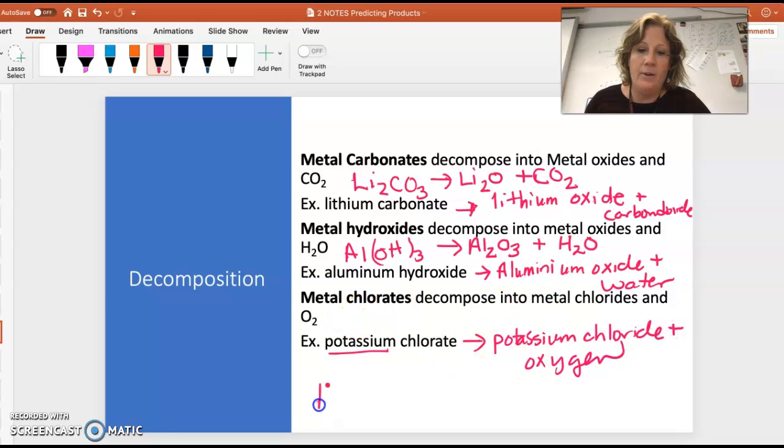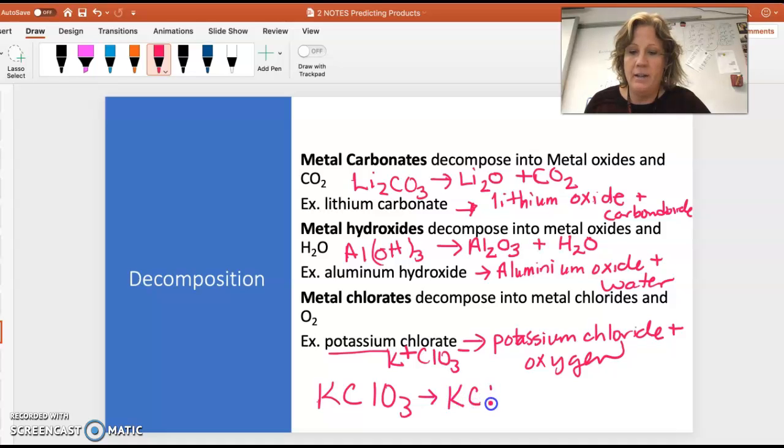So if I write that out, it's going to be KClO3, because chlorate is ClO3 -1 on my pink sheet. Potassium is +1 in group 1. Then I'm going to get potassium chloride, +1, -1, plus oxygen. Oxygen's diatomic, so I balance it. And I'm going to stop the video and I'm going to start at part 2.